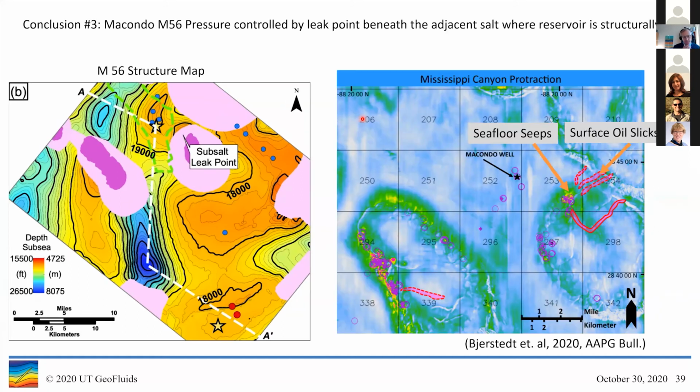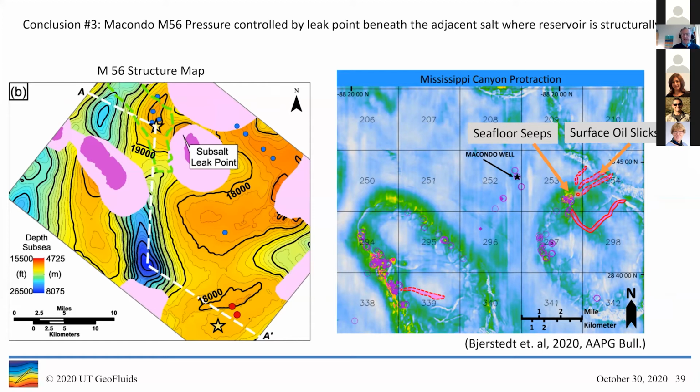Now, what was extraordinary to me is that just recently, in 2020 in the AAPG Bulletin, there is a discussion of this process ongoing at Macondo. And I'll focus you on the slide on the right and tell you that these pink polygons here represent surface oil slicks.